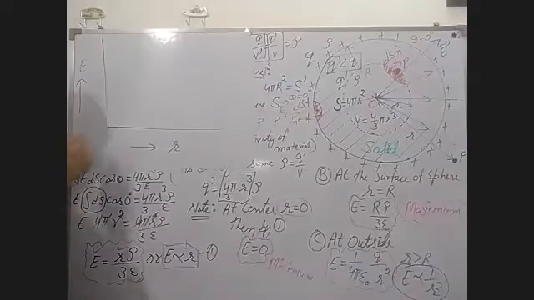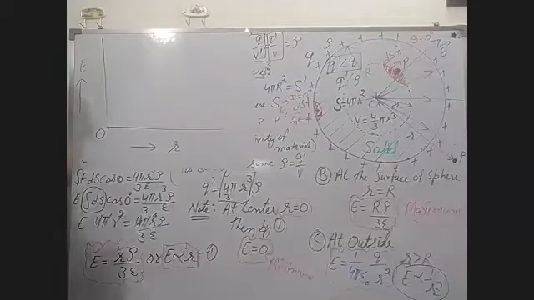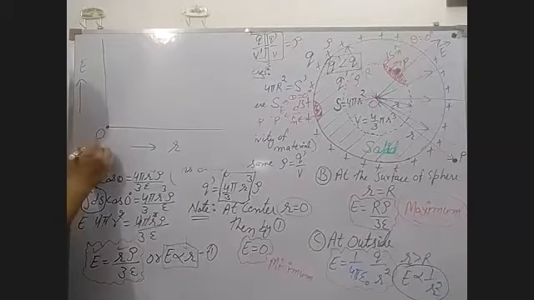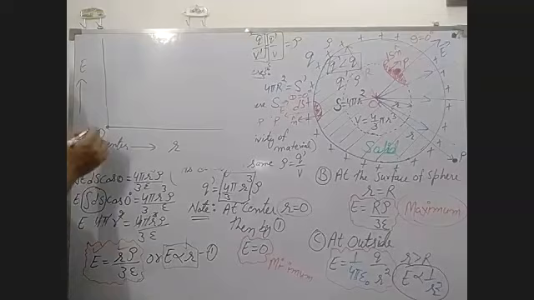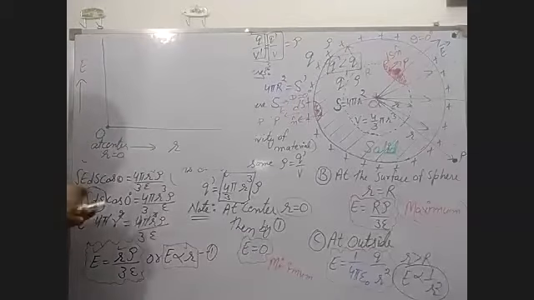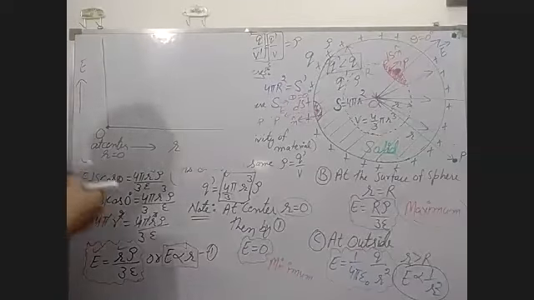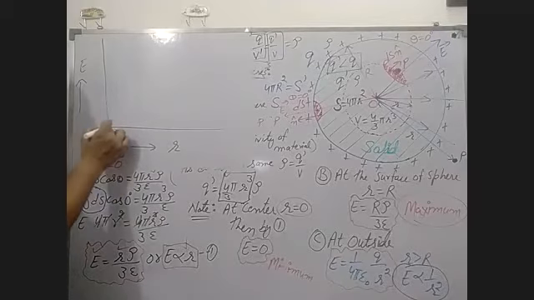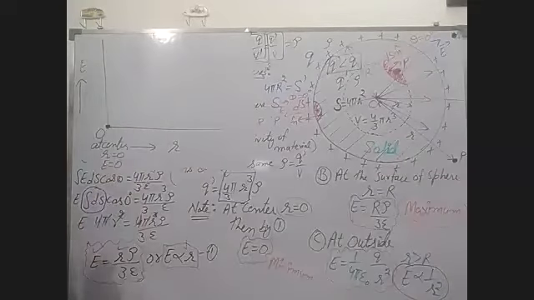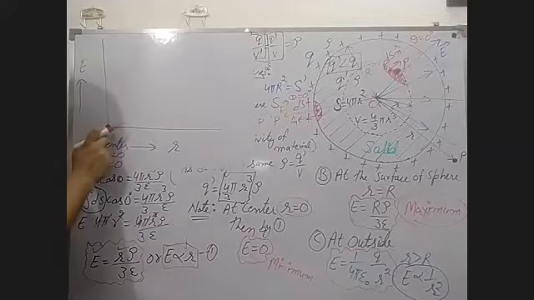Now this is the origin. Firstly, at the center, r is equal to 0. What is the value of electric field? Electric field is also 0. So our graph starts at the origin.